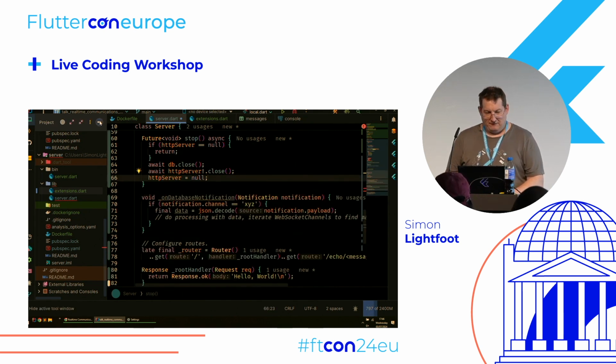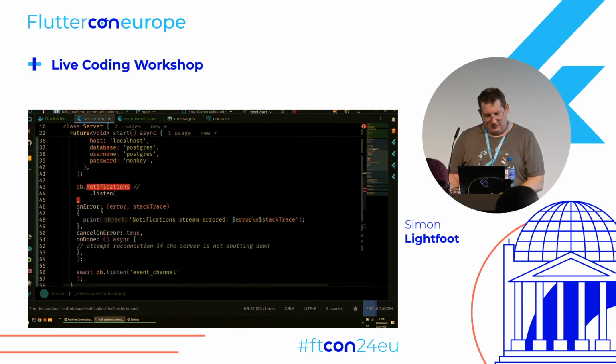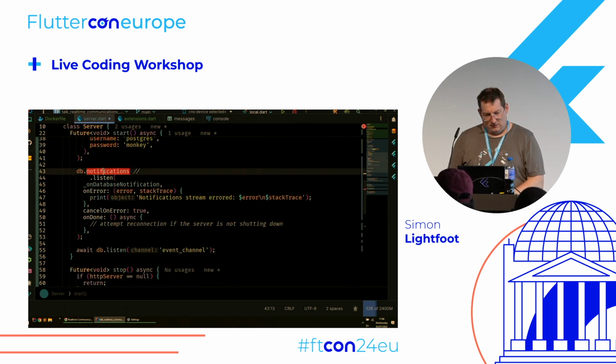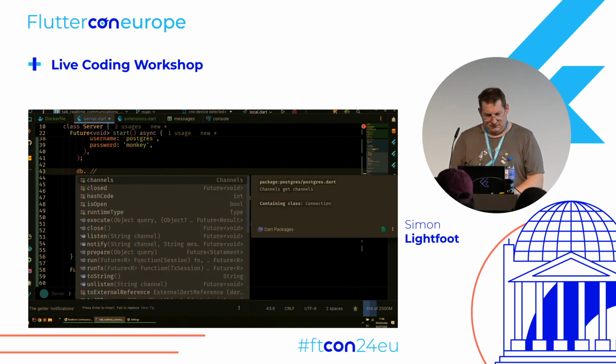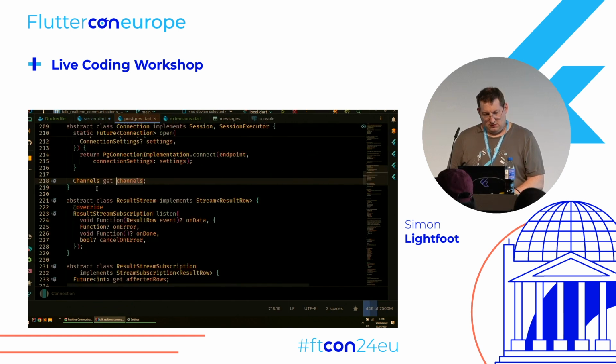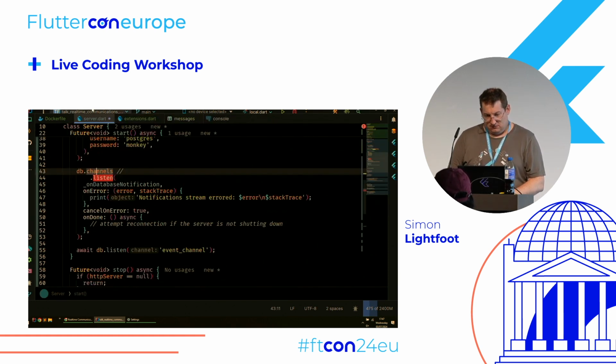Okay, so we still have a notification model, but apparently it's no longer notifications. Channels. Okay. Apparently they've integrated this now, so that's nice. Like, so you can get a stream for a particular channel. That's super nice. Yeah, okay, we'll do that.